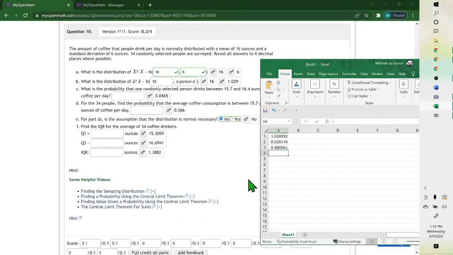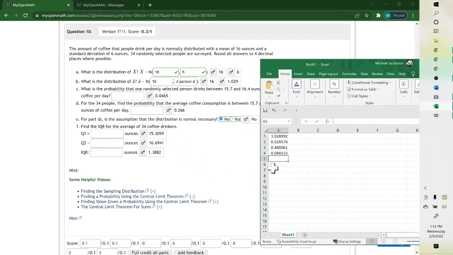Enter. This is the amount below 15.7. So if we subtract these, equals, and you don't have to type it out, you can just click on it. This one minus the other one, hit equals, and there's your answer: 0.0465.